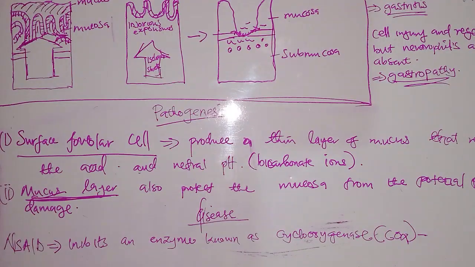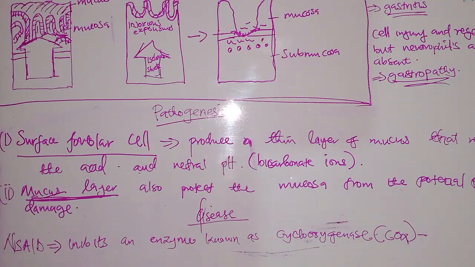This enzyme is responsible for production of prostaglandins E2 and I2. So if this enzyme is inhibited, the production of prostaglandins won't be there.